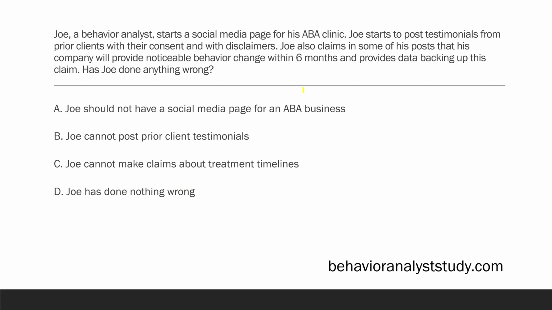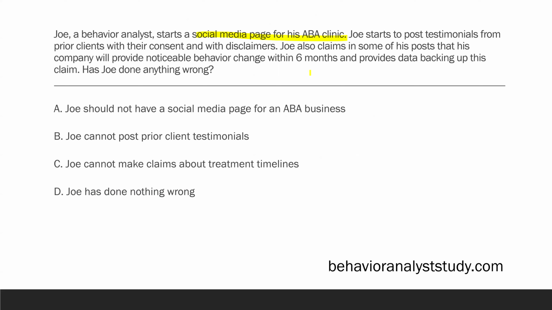So we have a couple different things going on here, right? We're thinking about a few different ethical situations. First, the social media page for the ABA clinic. Can you have a professional social media page for a business? You can. What you're not allowed to do is post to your personal social media page, clients, and that sort of thing.